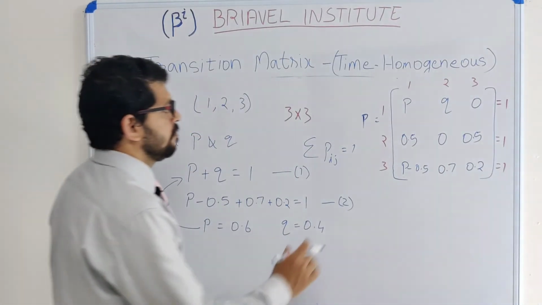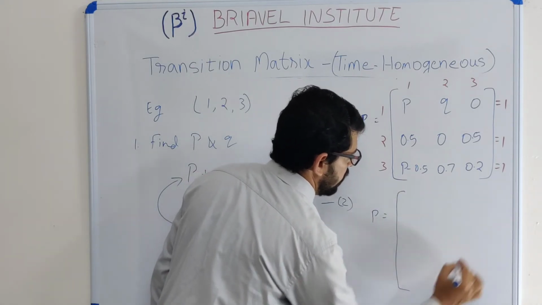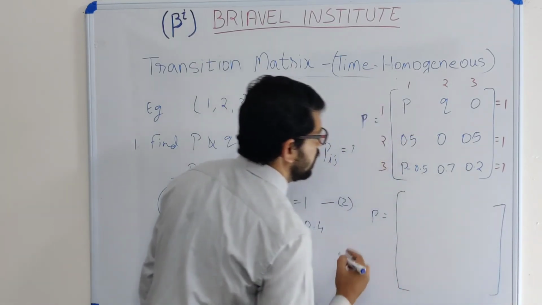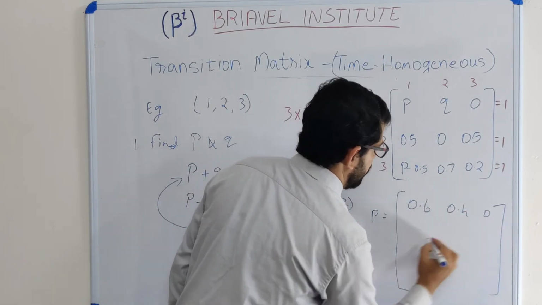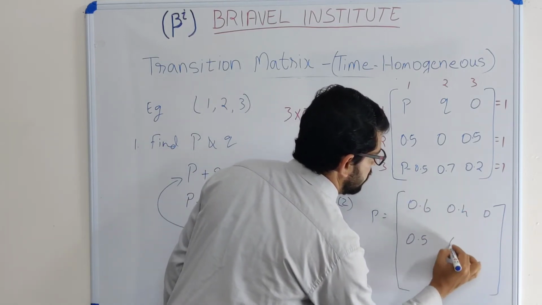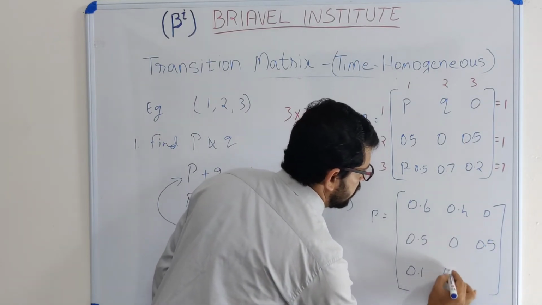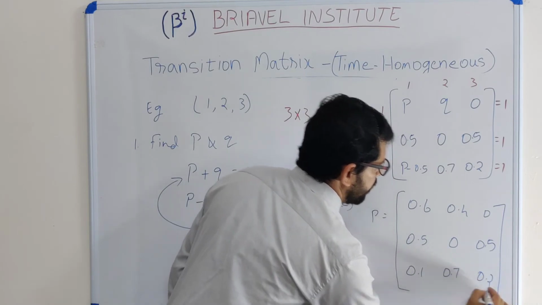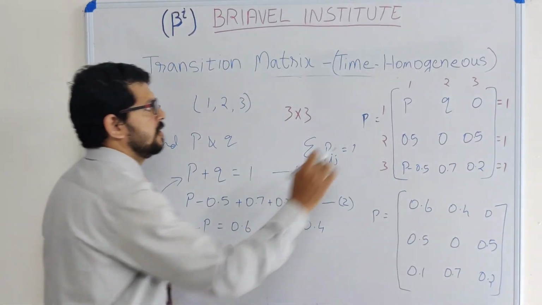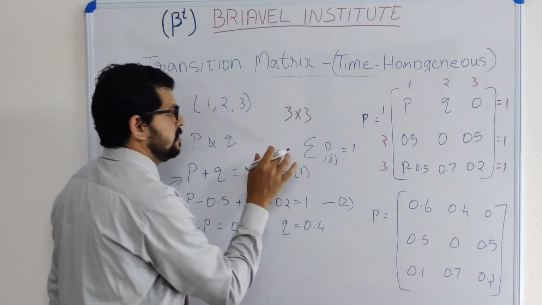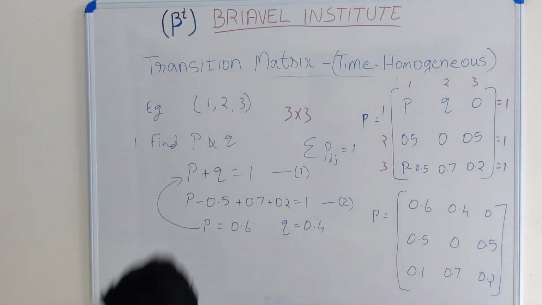So our transition matrix P is 0.6, 0.4, 0; 0.5, 0, 0.5; 0.1, 0.7, 0.2. We found P and Q using one feature of the Markov process: the sum of each row is equal to 1.